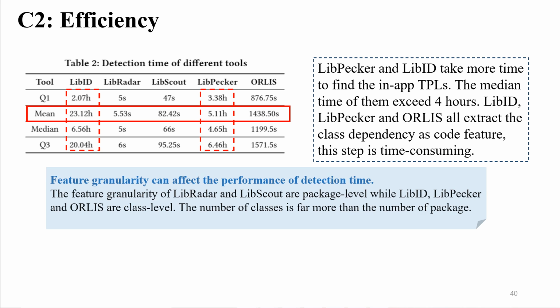Besides, the feature granularity also can affect the detection time. LibRadar and LibScout only compare at package level, but LibID, LibPecker and Aurelians compare at class level. The number of classes is far more than the number of packages.